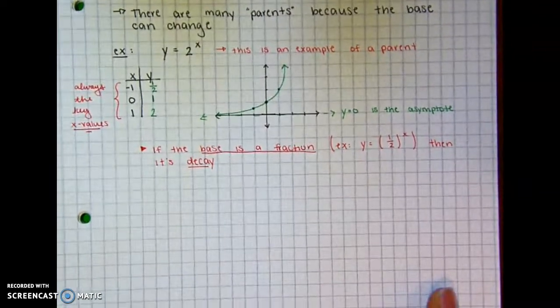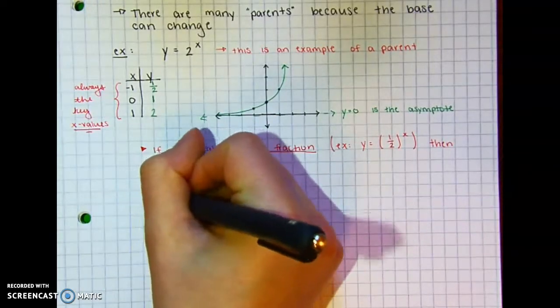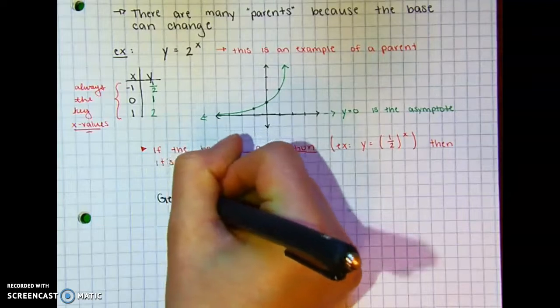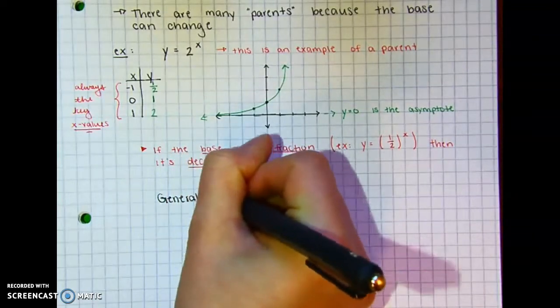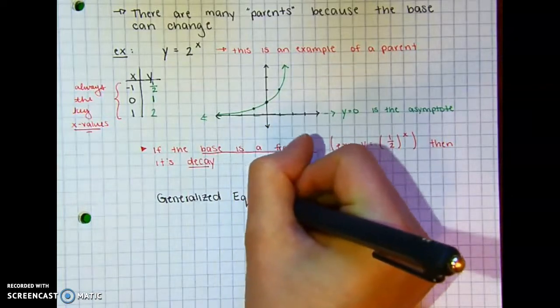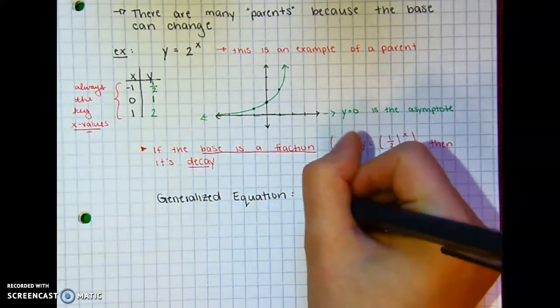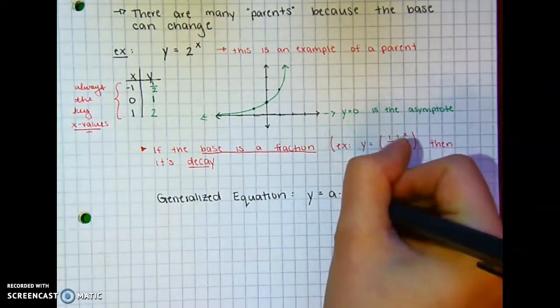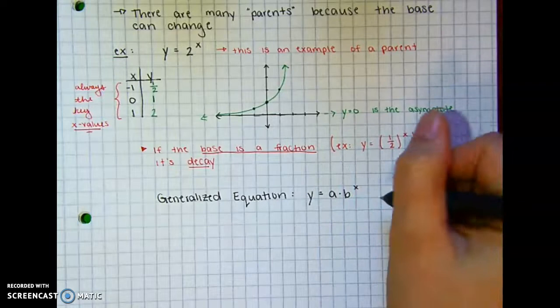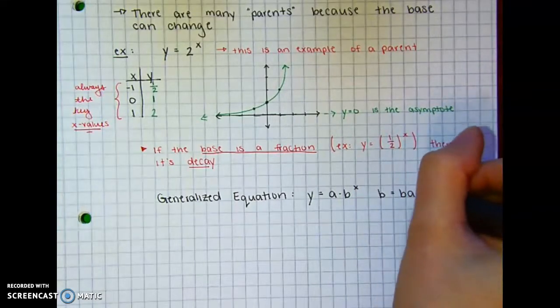Okay, so the generalized equation is y equals a times b to the power of x, and b is equal to the base.